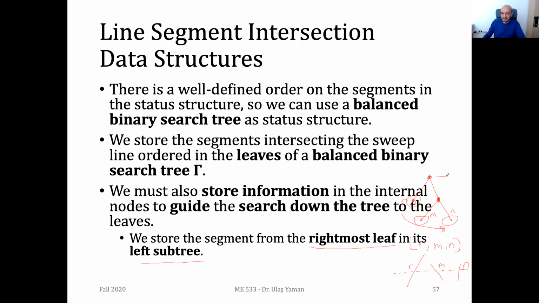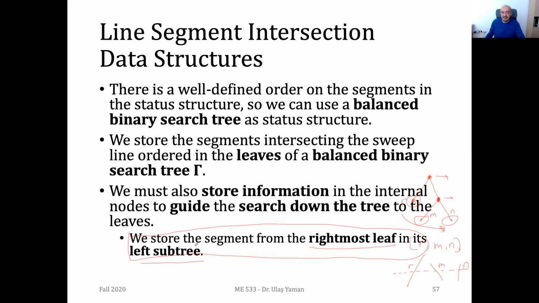This is the first internal node, and this is the second internal node. The other nodes are all leaves, right? So we don't need to store any information for the leaves, but for the internal nodes, we need to store some values. And these values are determined according to this given rule here.